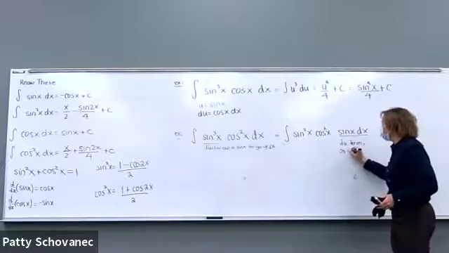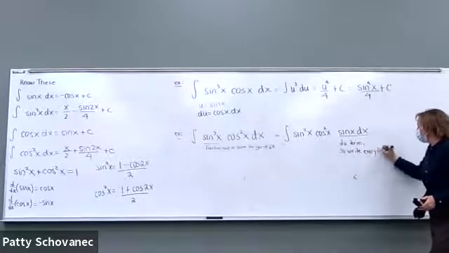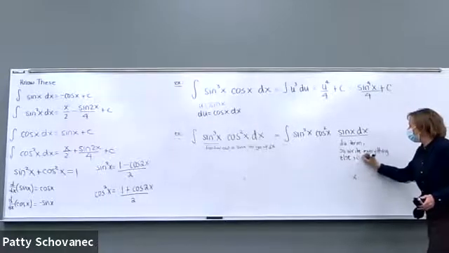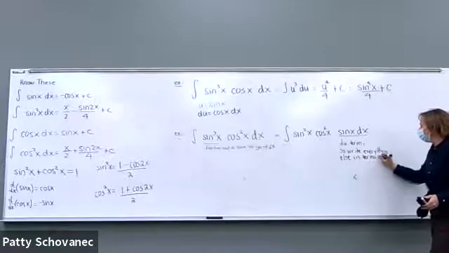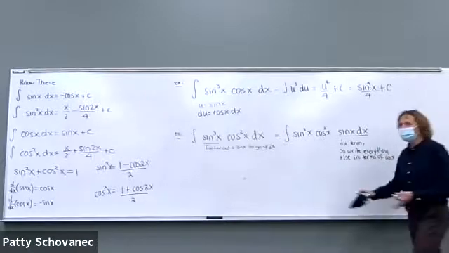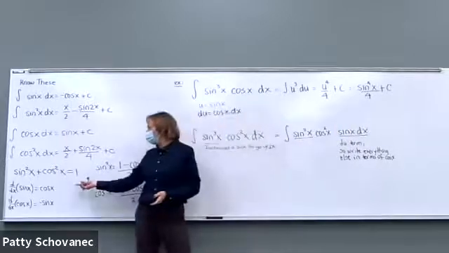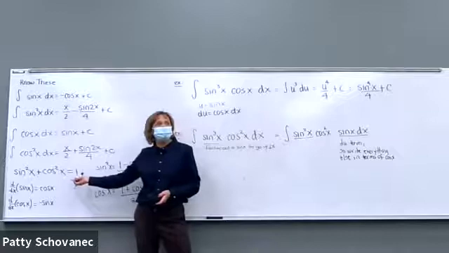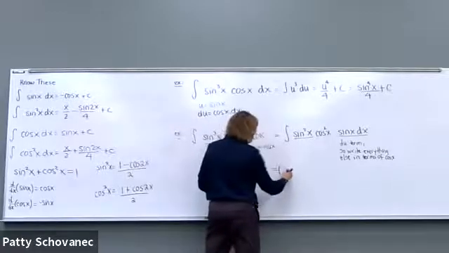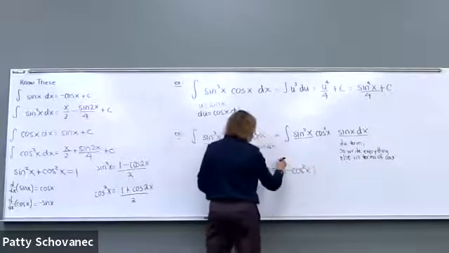So write everything else in terms of cosine. That means I'm going to replace this with 1 minus the cosine squared of x.